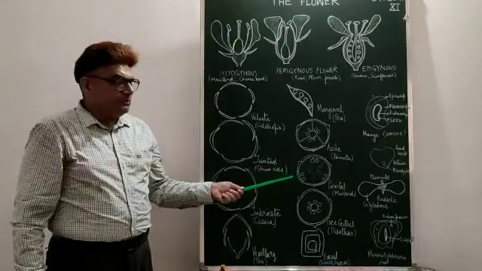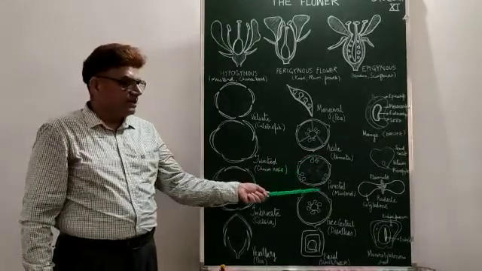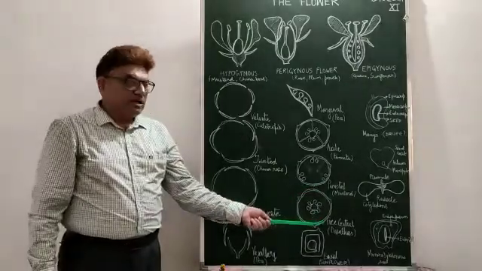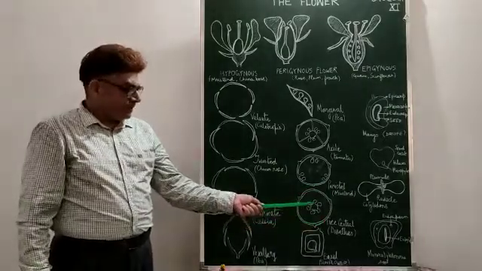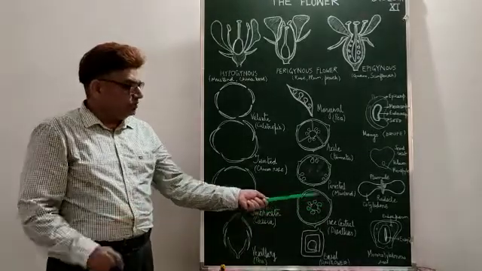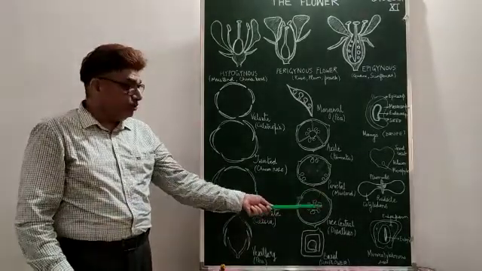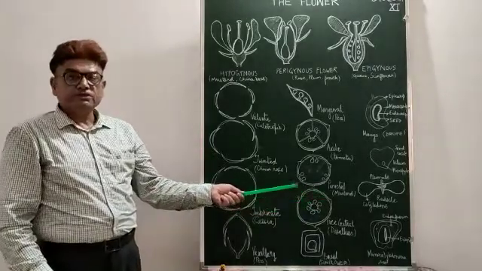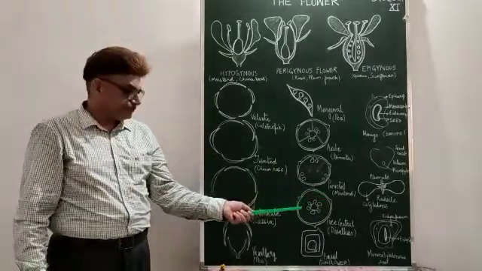Sometimes a false septum divides the ovary, which is found in mustard. Now, in the free central type of placentation, the placenta is central, axial, and the ovules are borne on it. There is no segregation of the ovary into chambers.